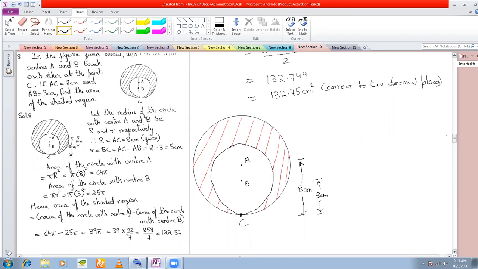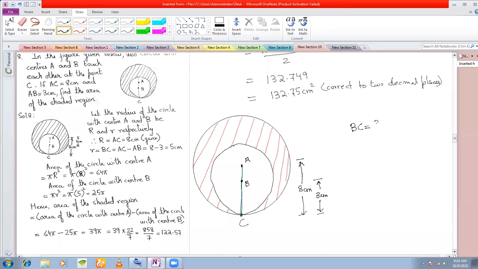So first of all, what you need to identify is which is the radius of which. What you observe is that BC is the radius of the smaller circle, and AC is the radius of the larger circle. What is the length of BC given to you?